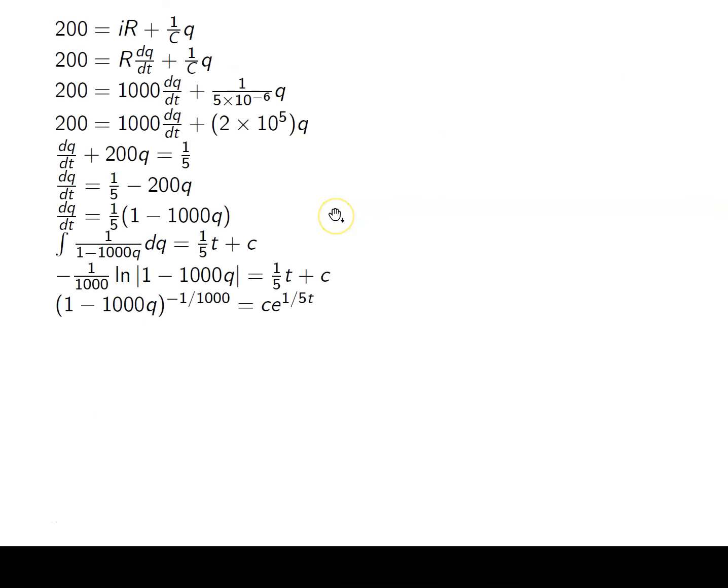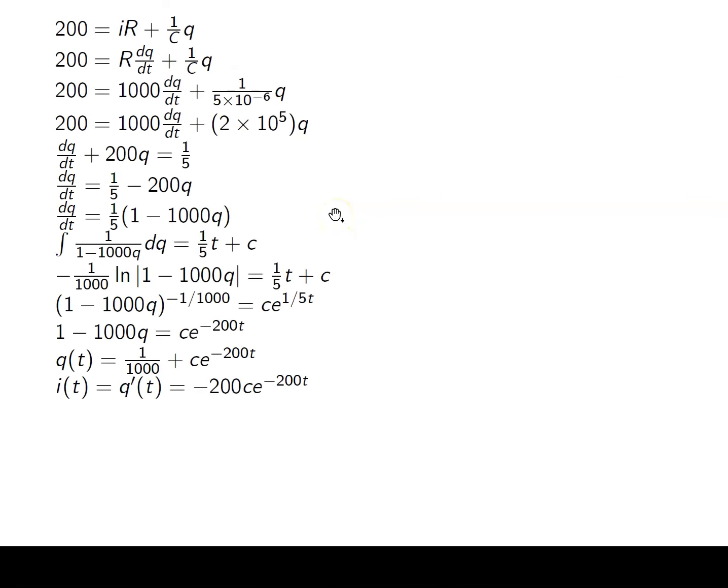So let's go through and use our equation. I is the first derivative of q, so I can use that and the initial condition to find the constant that I have here.